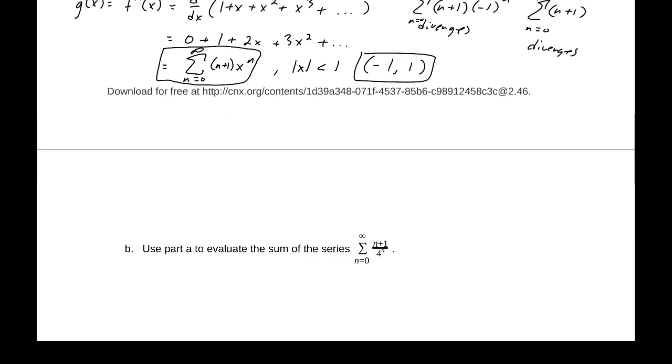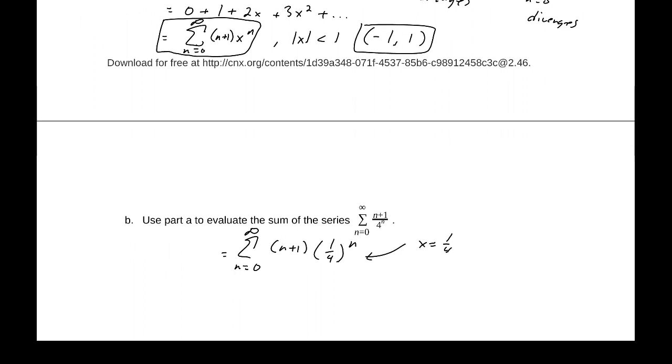Now, let's use that to evaluate the sum of this series. All we really need to notice is that this series we're given is not a power series. It is just a series. And we can write this as n plus 1 times 1/4 to the n, which means x is 1/4.